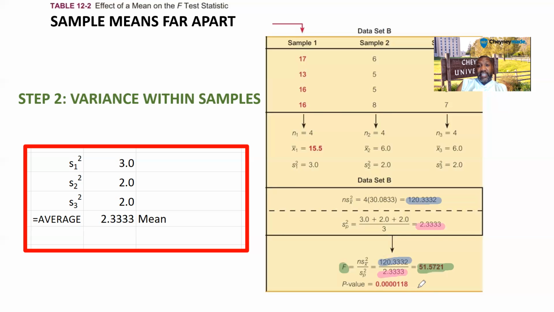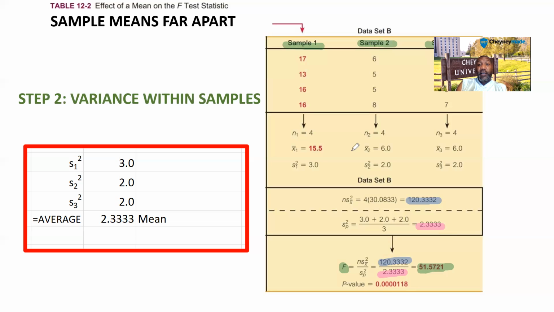The likelihood of getting this, if all 3 of these samples right here, sample 1, sample 2, and sample 3 were equal, man, that's unlikely. There's no way in hell you'd get that. That's like a 0.0000118 chance of getting an F value this high if all 3 of these samples were equal. So what do we do?